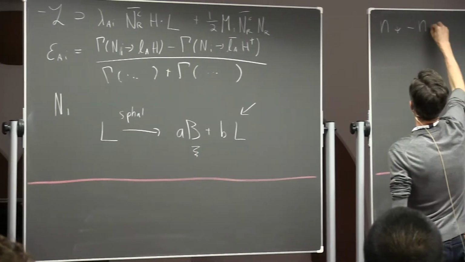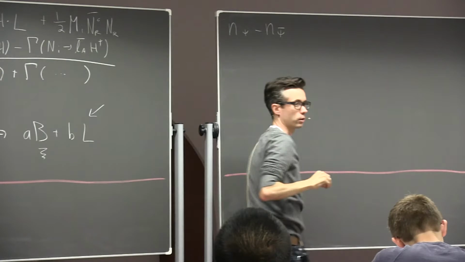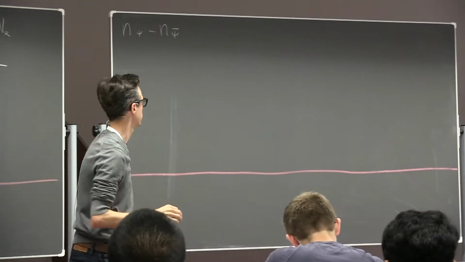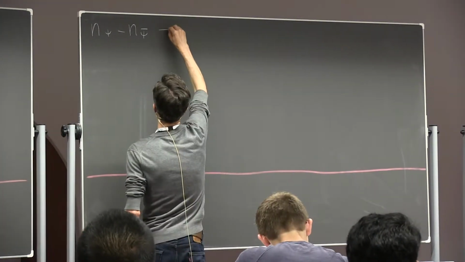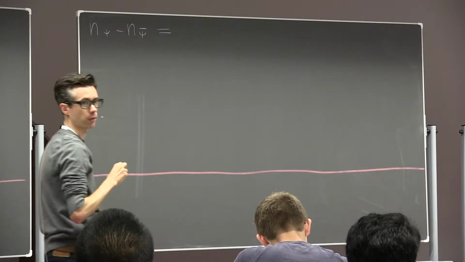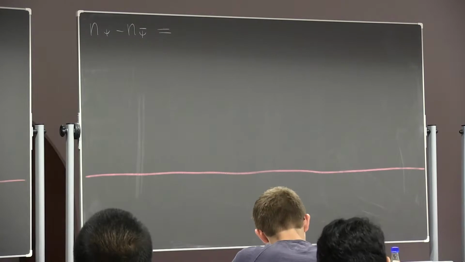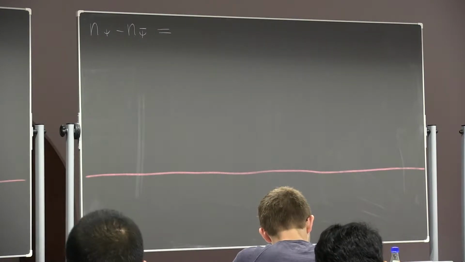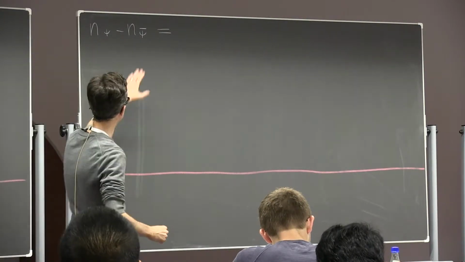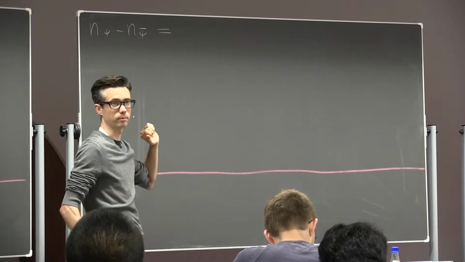If I have some particle psi and its antiparticle psi bar, I assume these are distinct. In general, I introduce a chemical potential for them. And I'm going to assume implicitly that psi bar annihilation is very fast. So the chemical potential of the antiparticle is minus the chemical potential of the particle.